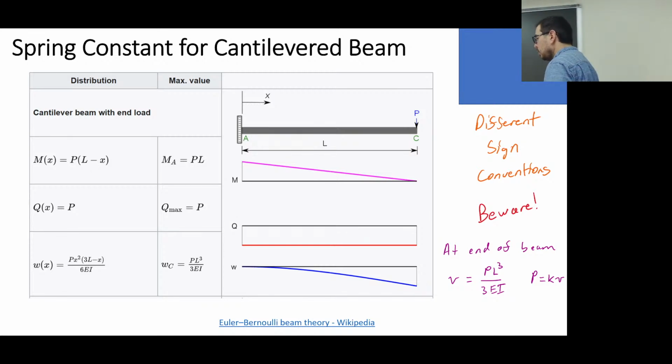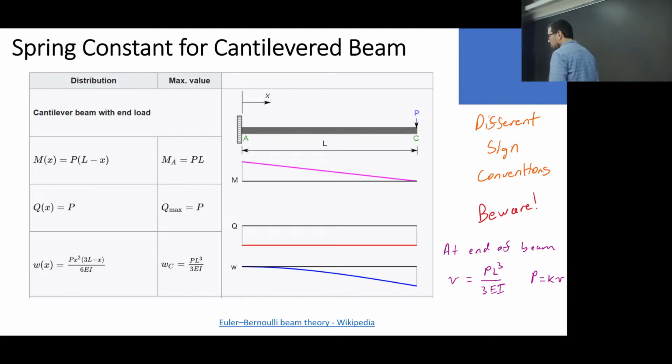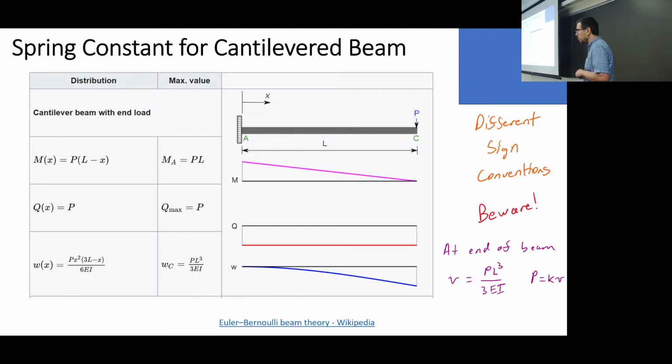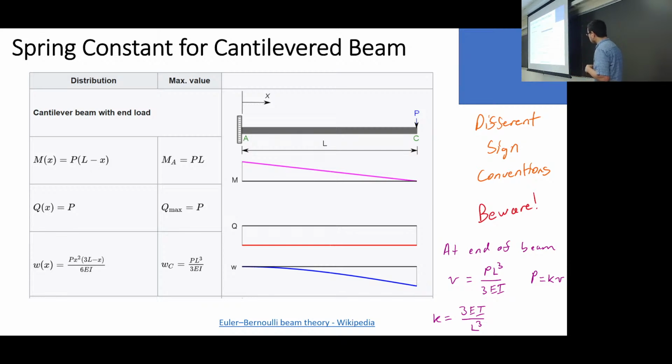We think about P equals K delta, right? And we have situations right now where we have a delta, which is the V, the lowercase v, and we have a force, right? So if P is equal to K times V, then K is just equal to 3EI over L cubed, or it's just equal to this factor that's multiplied by P, flipped, right?